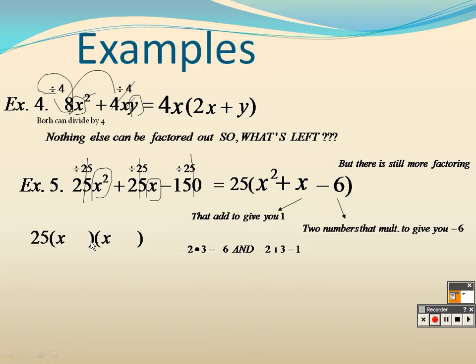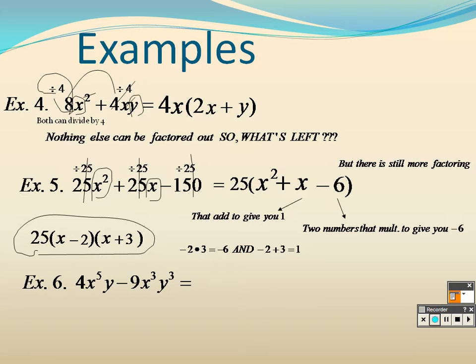So a negative 2 and a positive 3. And there is this problem completely factored. Sometimes it's just more difficult to try to factor and slide things over and get incredibly large numbers. If you realize you can take a number out of all of them first, which in our case is a 25, it makes your life so much easier to factor these.